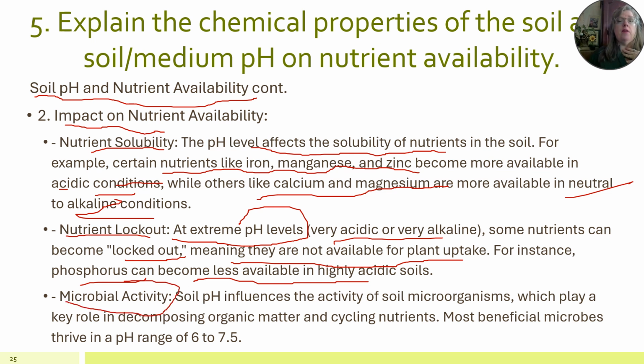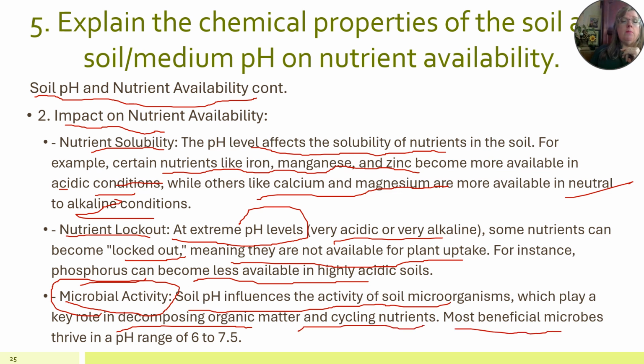And then talking about microbial activity, the microbes in the soil are very important to the health of the plants and the ecosystem in general. You wouldn't think microbes were such a big deal, but they are. Soil pH is going to influence the activity of these soil microorganisms, which play a key role in decomposing organic matter and cycling nutrients.